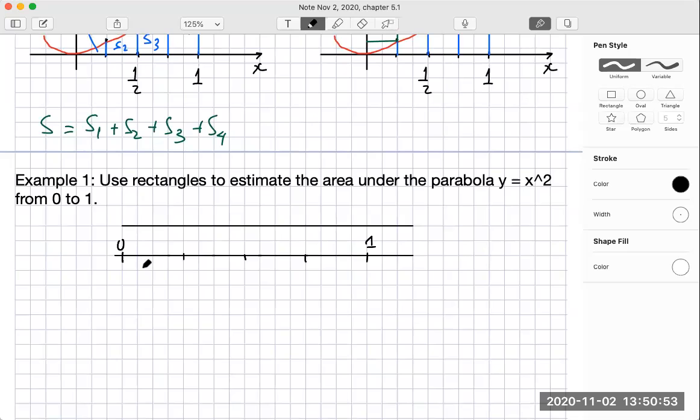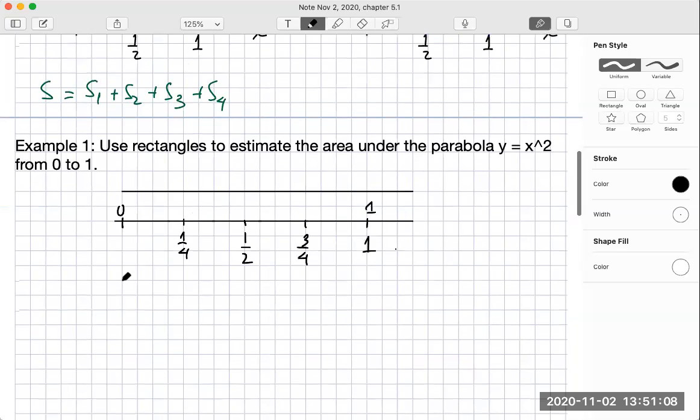Okay, the first one is from 0 to 1 over 4, and then from 1 over 4 to 1 half, and then from 1 half to 3 over 4, and then 1. The first interval from here to here, we call it I1, okay, which is from 0 to 1 over 4. The second interval, I2, I3, and I4 here.